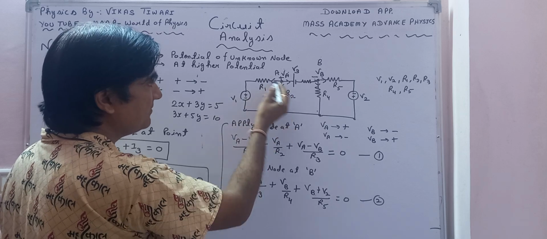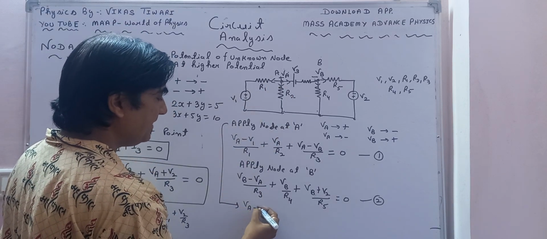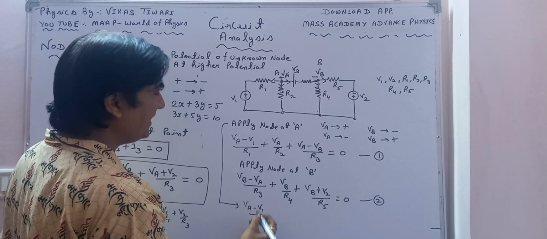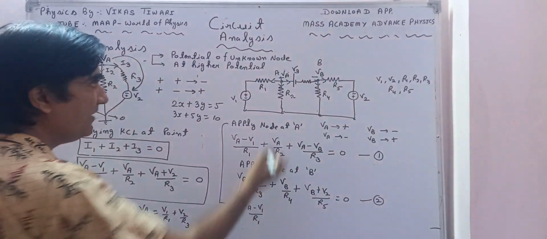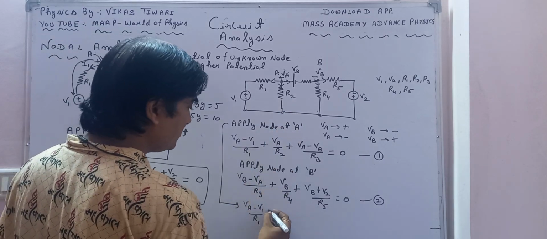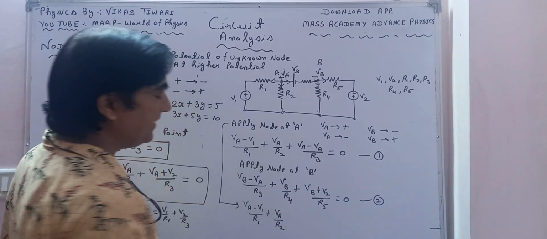For this branch I will write the same thing that I have written here, VA minus V1 upon R1, because plus is facing the plus terminal of the battery. For this branch also there is no change, so VA upon R2.